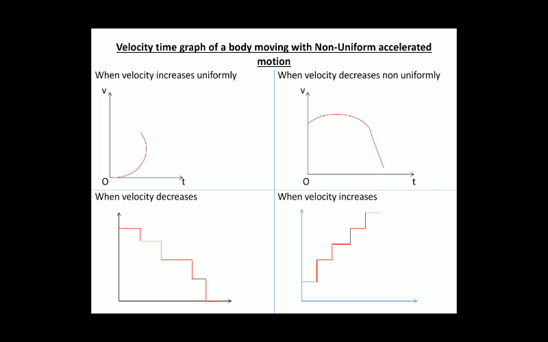In each and every case, the velocity increases or decreases non-uniformly. So there is not a perfect straight line, and these different cases are showing us the non-uniform accelerated motion. Why accelerated? Because there is a change in velocity, obviously, but the change is not constant. So that is the case of non-uniform accelerated motion.